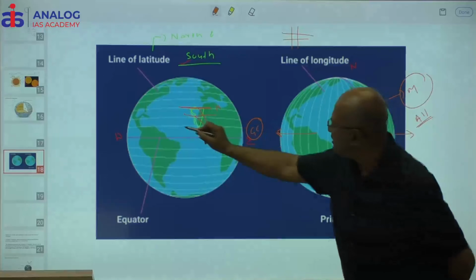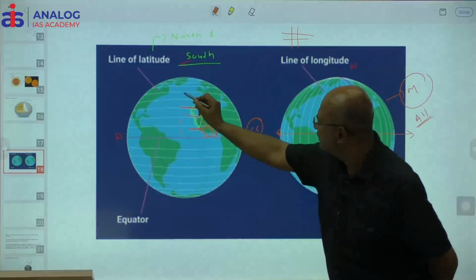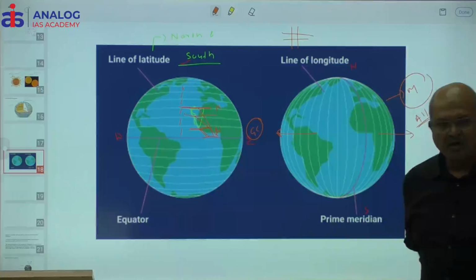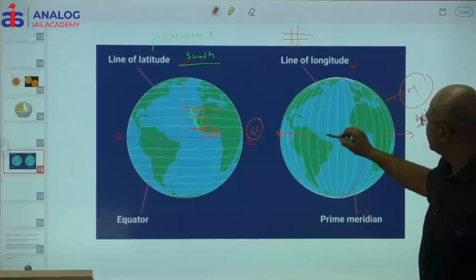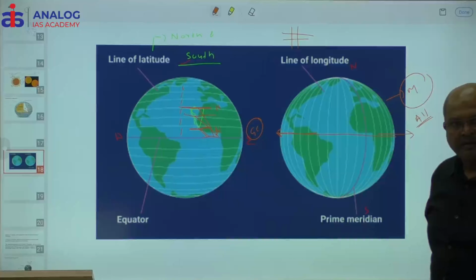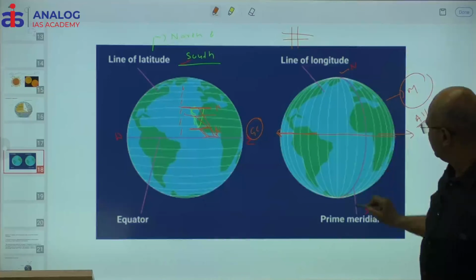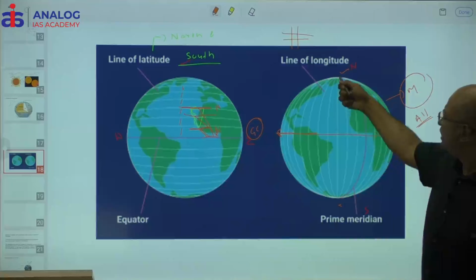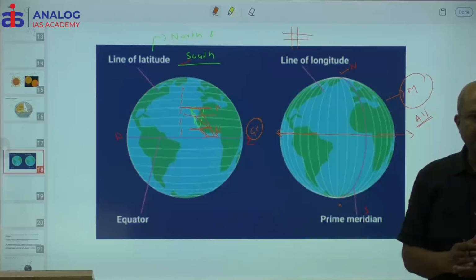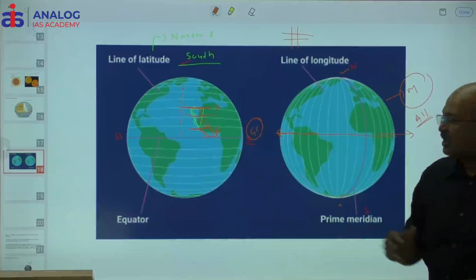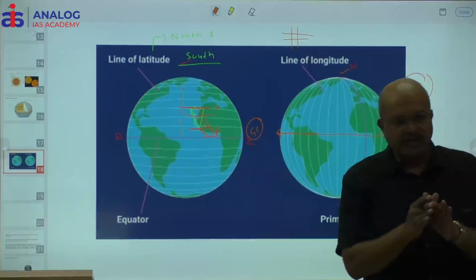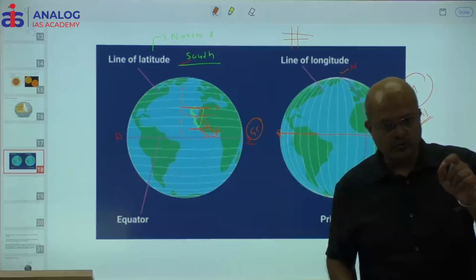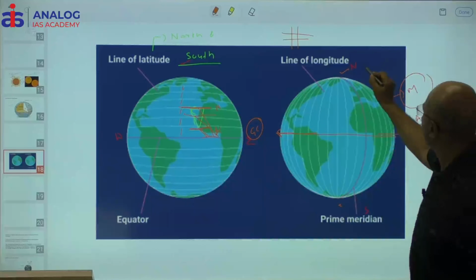Latitudes are always parallel to each other. Longitudes have maximum distance at the equator, but at the poles they merge. The point where they merge is referred to as the north pole, and the other point where they merge we refer to as the south pole, the geographic poles.